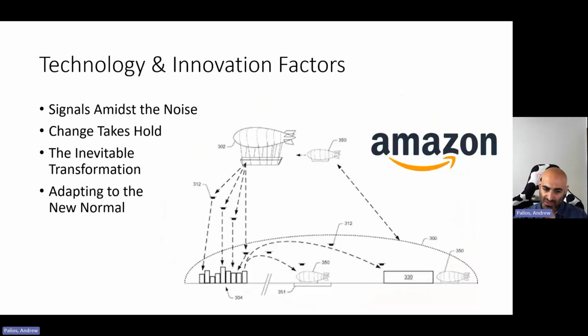It was introduced into the market, and then slowly this signal amidst the noise grows, and then eventually the change takes hold, which is part two. Then at this time, the older companies or older brands within the market will need to establish a foothold to try and squash this competition, this new technology that's kind of spreading and taking over.